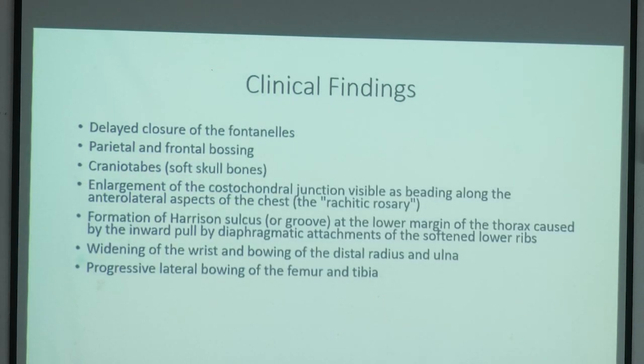Now, the important clinical pictures of vitamin D deficiency. What are the important clinical pictures of vitamin D deficiency? The first important thing is delayed closure of the fontanelles. In rickets, there is some macrocephaly, or a large head. Fontanelles are not properly closed.